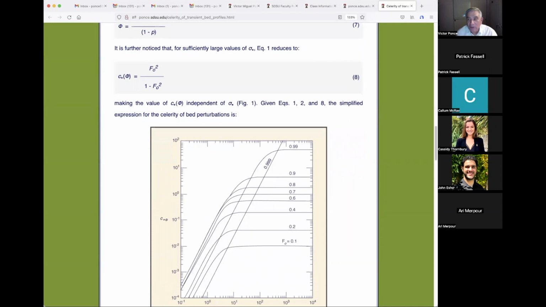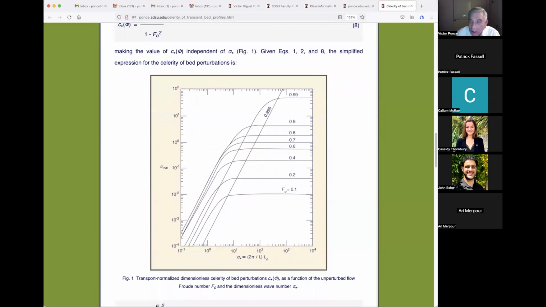Which is interesting, because if the Froude number gets to be critical, 1, then the celerity is infinity, which is true. Anytime you have a Froude number equal to 1, you can't see the bed. It disappeared, right? The bed's transients became obliterated by the flow itself. So here we go. It's a fundamental equation. It works for conditions of Froude much less than 1.